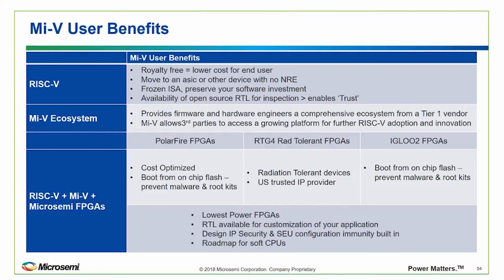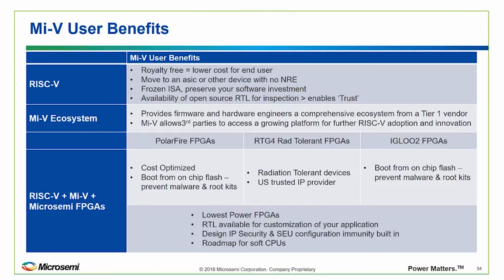The instruction set architecture is frozen, so that preserves your software investment. You don't have to deal with new versions coming out. Your code won't work. And the availability of open source RTL for inspection enables trust. And then the Microsemi Mi-V ecosystem provides firmware and hardware engineers with a comprehensive ecosystem from a tier 1 vendor. It allows third parties to access the growing platform to further RISC-V adoption and innovation.